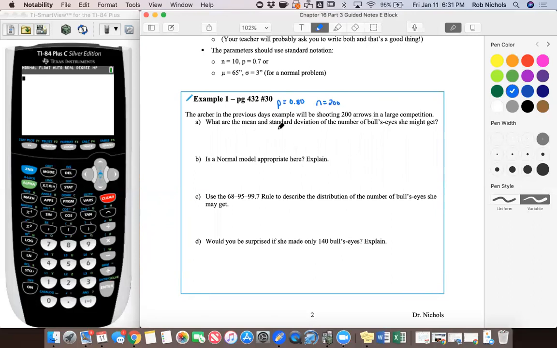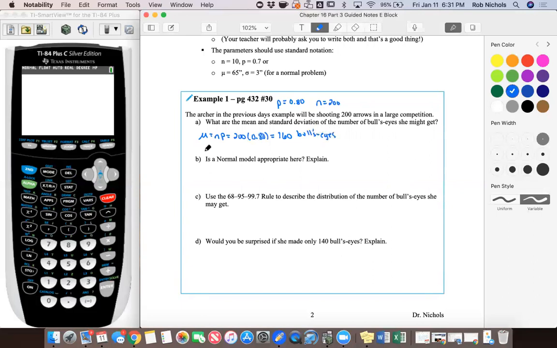So part A, what's the mean and standard deviation of the number of bullseyes that she might get? If you recall, the formula for the binomial, the mean is equal to n times p. So that equals 200 times 0.80. I did that earlier, and I got 160. And that should be bullseyes as the units.